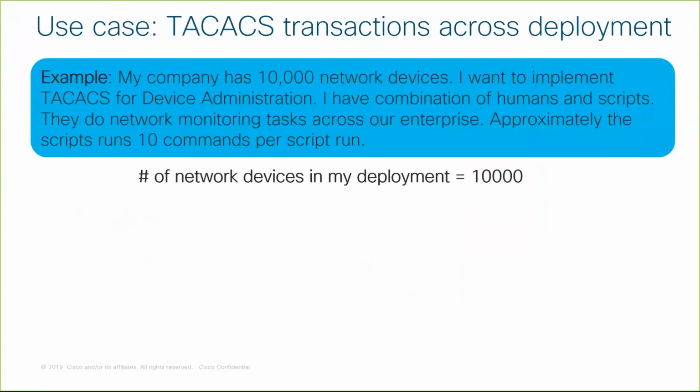This is pretty obvious, right? Now let's calculate the number of transactions. It's very simple math. We know that for 10 commands, we have 23 transactions from our previous slide. So you just plug in 23 there. 23 multiplied by 10,000 is 230,000 transactions, or 230,000 events.